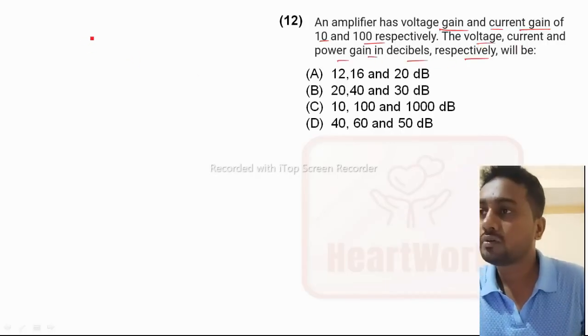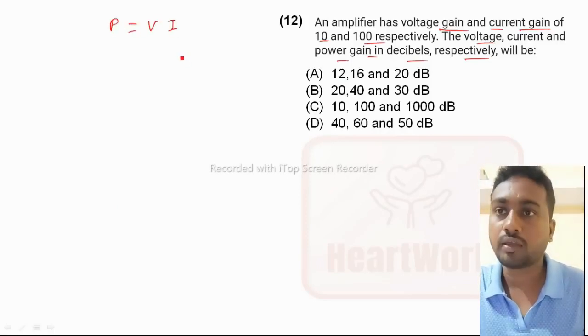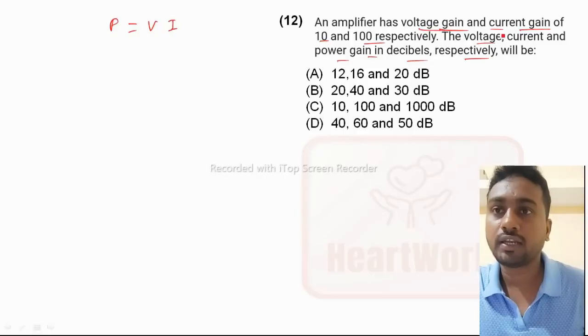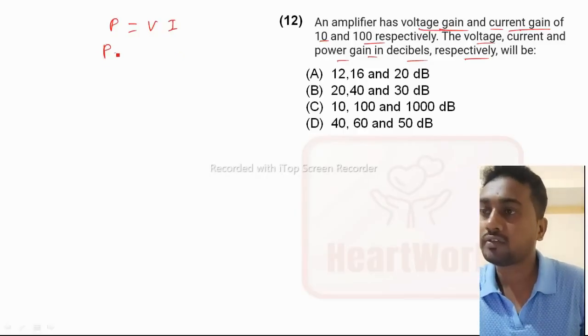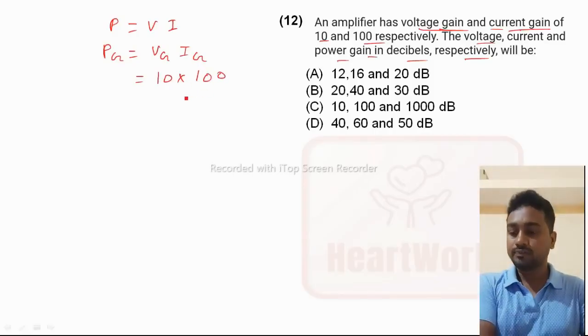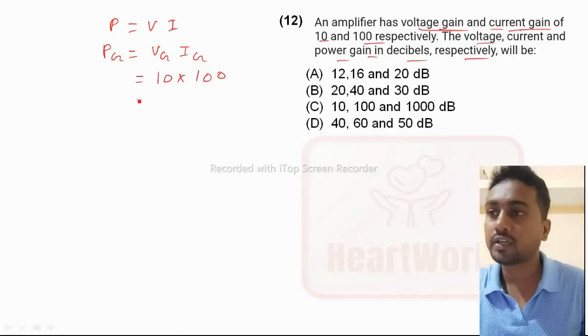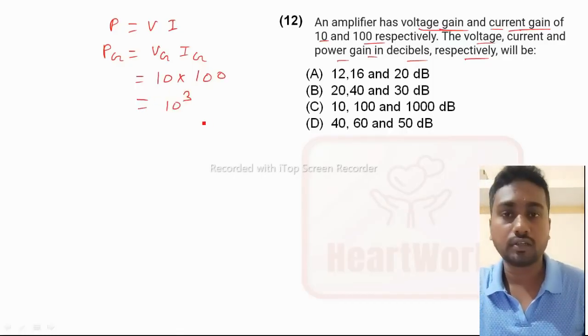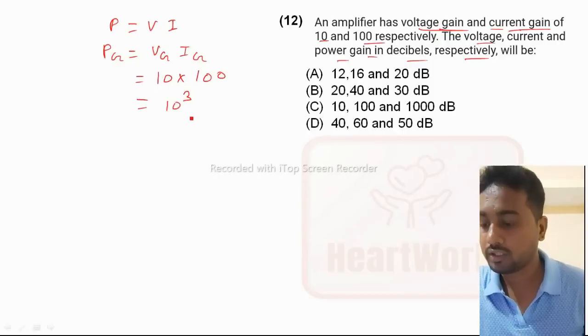Power P equals VI. We are given voltage gain and current gain, so we first find power gain. Voltage gain is 10 and current gain is 100, so power gain is 10 to the power 3.